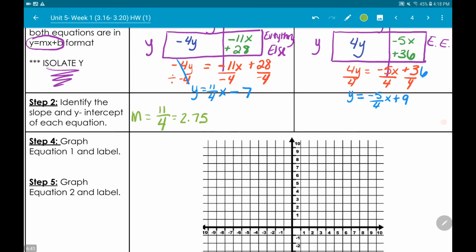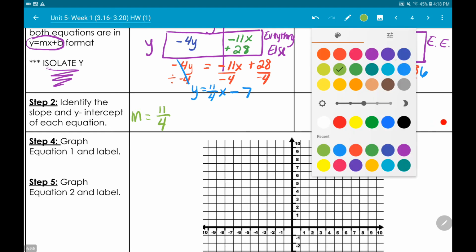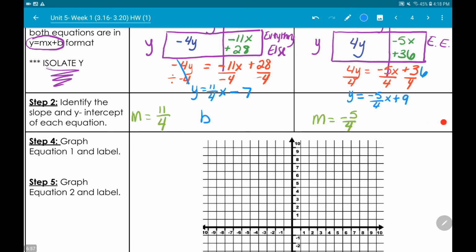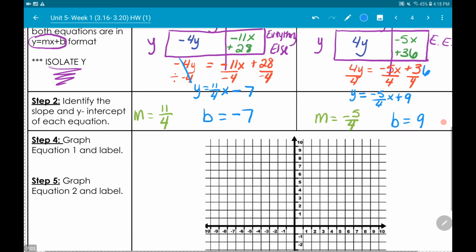So I'm going to leave 11 over 4. Okay. And over here, we have m equals negative 5 over 4. All right, and now intercepts. We have b equals negative 7, and then b equals 9.